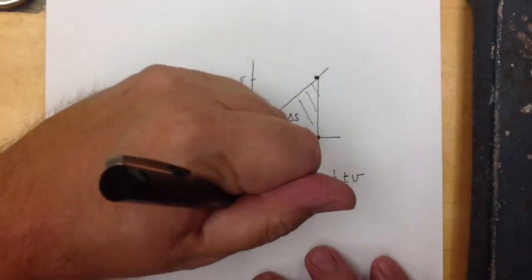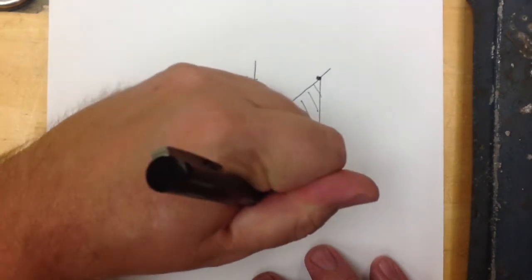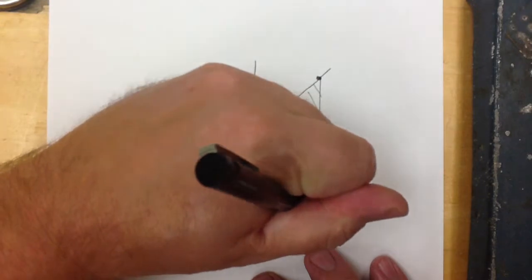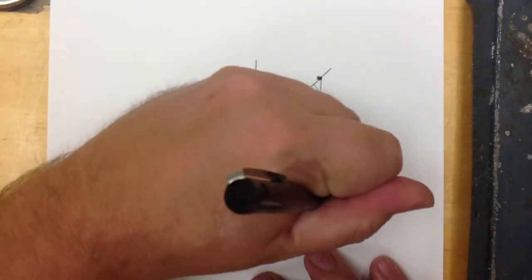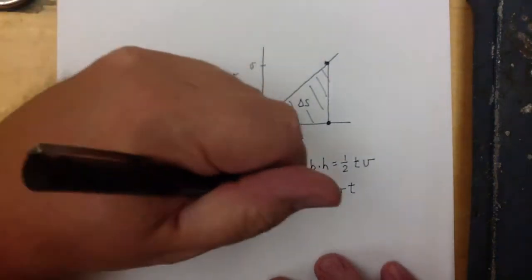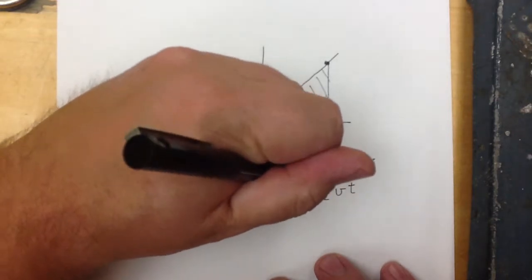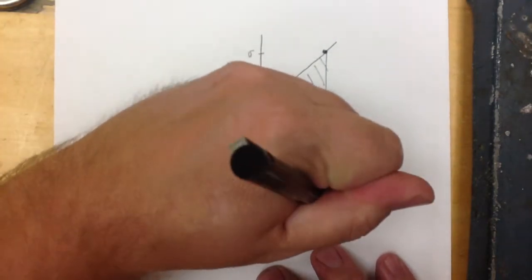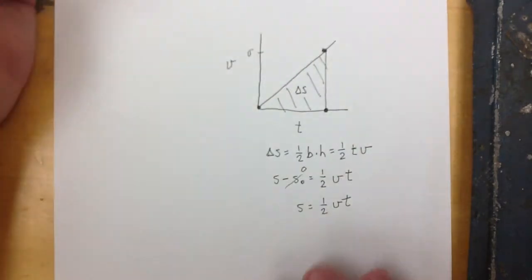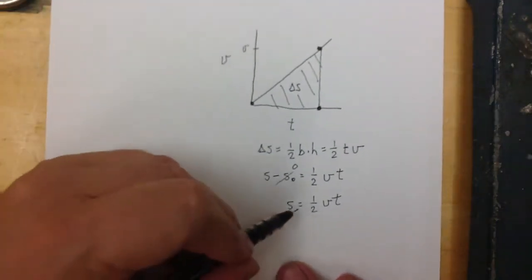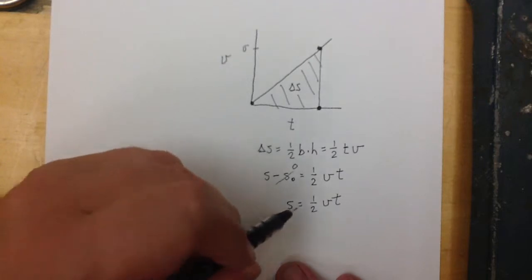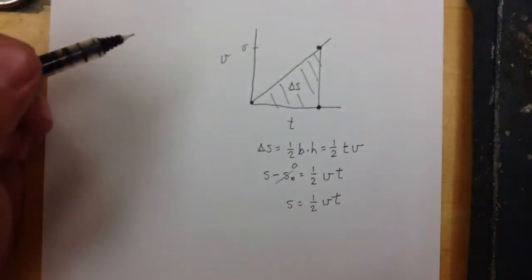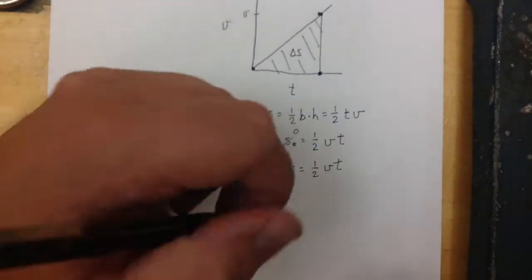And so if I write this out, S minus S sub 0 equals 1/2 vt, and we recognize that the thing also starts from the origin, we get S equals 1/2 vt. Well, the problem with this equation is that we very rarely know both the position and the velocity and the time all in one location. So we're going to do a little substitution here.